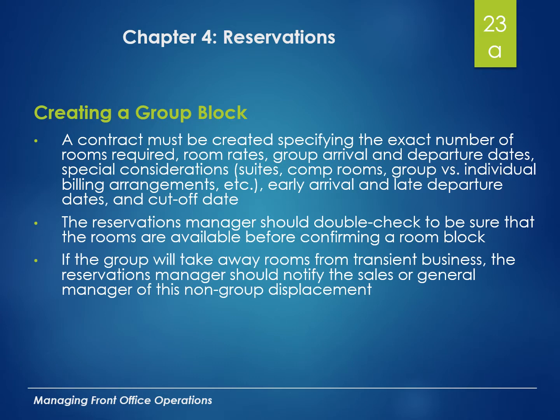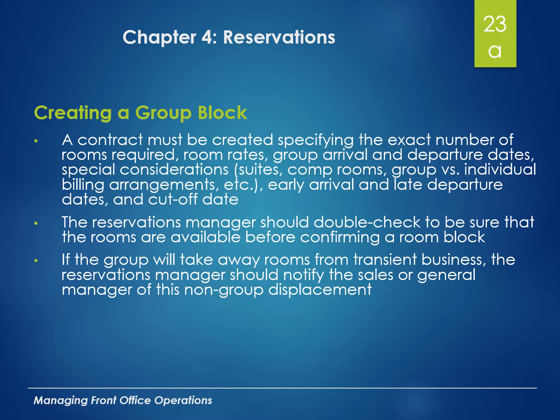We also want to make sure that we are not displacing too much of our transient or our leisure guests. Because you think about it, our leisure guests potentially can come back time after time for vacation or visiting family and friends. And so if we accept a group and a large percentage of our hotel rooms are taken up by groups, then that leaves a smaller percentage for our transient guests.